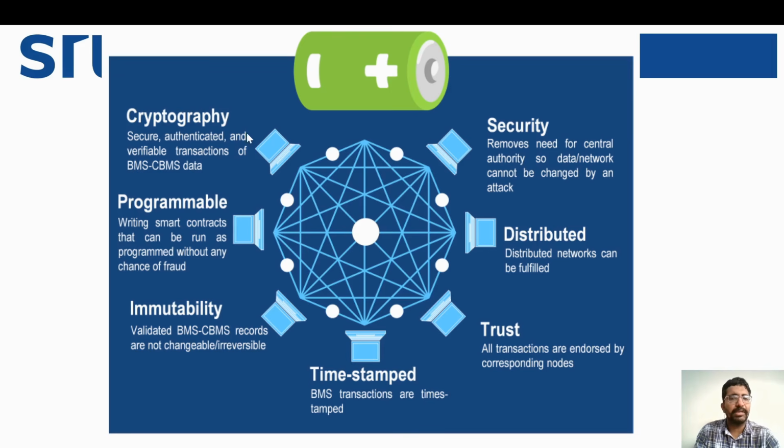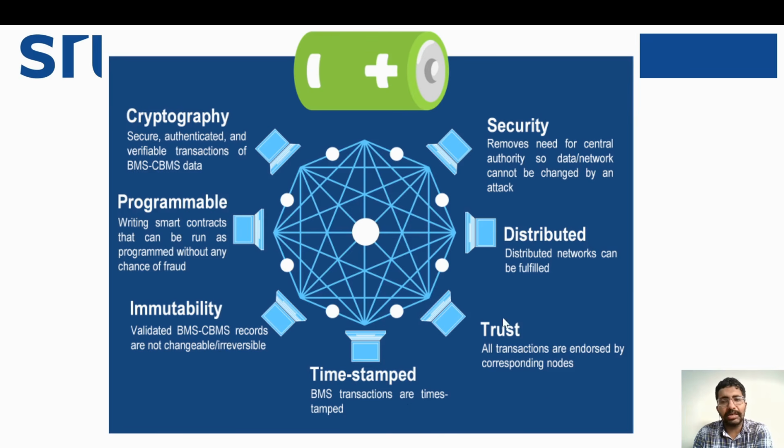And how can it be done? Cryptography can be used to secure and authenticate the process. Programmable: writing smart contracts that can be run as programmed without any change or chance of fraud. Immutability: validated BMS or centralized BMS records are not changeable or irreversible. Time stamping should be there.